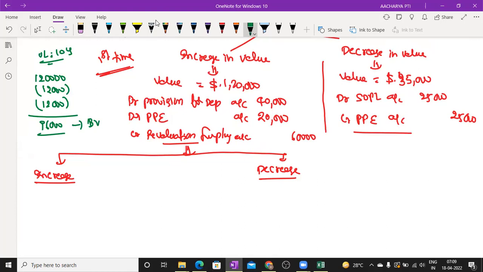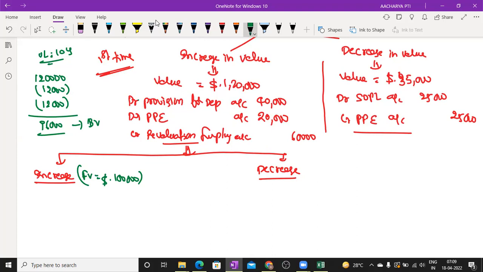Again, there is an increase in value of the asset. If the fair value of the asset is estimated at, for example, 1 lakh, in that case also the increase in value is transferred to revaluation surplus. First adjust the increase in value to the provision, and any surplus after writing off the provision is transferred to cost, nothing but PPE. Here the increase in value is 1 lakh minus 96,000, which means 4,000.